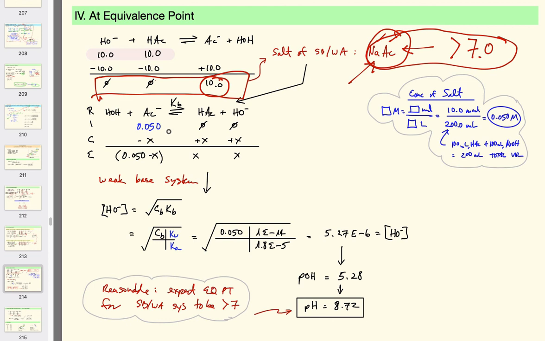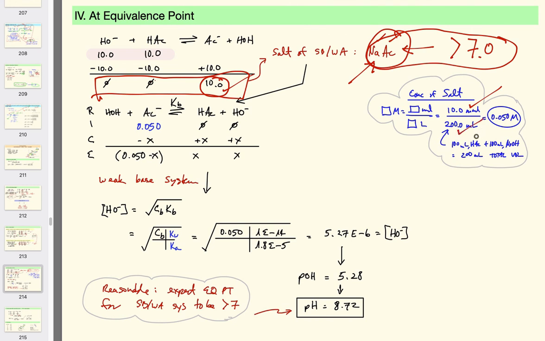We have to calculate the molarity, the concentration. How do we do that? Molarity is equal to moles per liter. Do I know how many millimoles of salt I have? Yes, I do. I have 10. I've got that from the E portion of my RICE equation. Do I know how many milliliters that's in? Yes, I do.